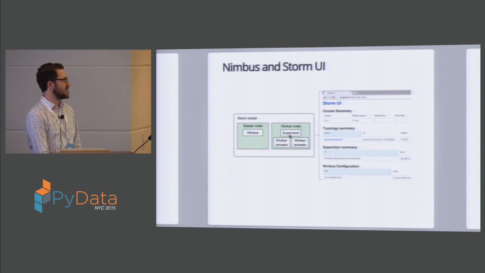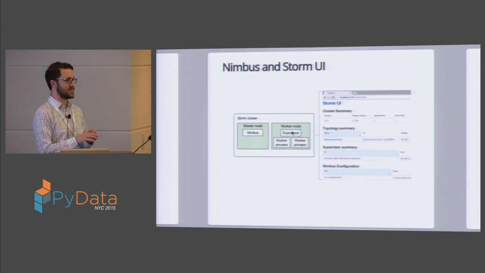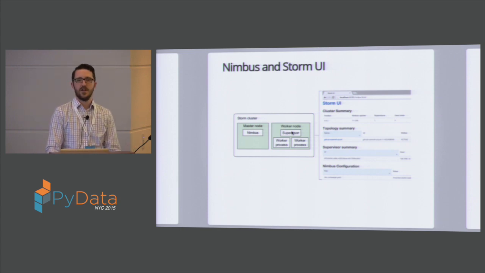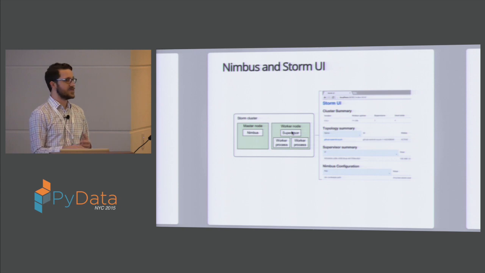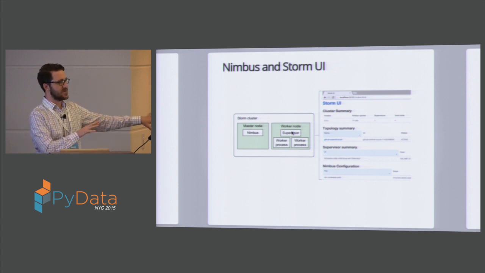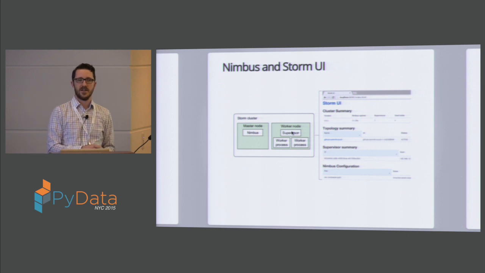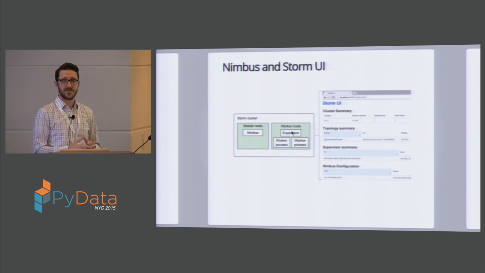The supervisor just makes sure that if one of these processes dies, a new one gets created, and it also keeps in touch with Nimbus to let Nimbus know that this particular machine hasn't gone down. Because if you have a big enough cluster and you lose a machine, Storm is smart enough to say, oh, that one's off, so send all the work over here instead. And so it's really nice for providing high availability.